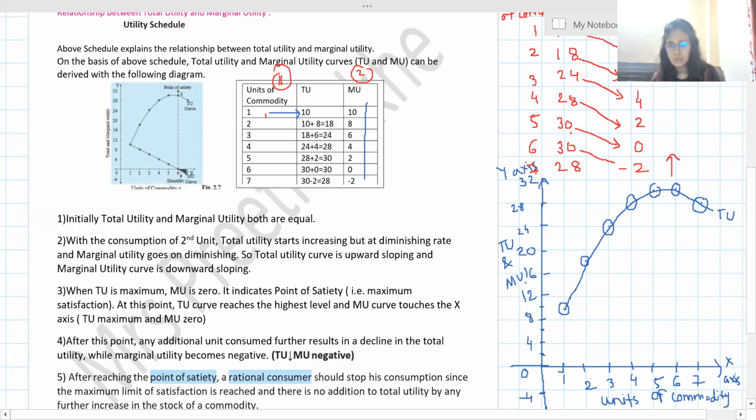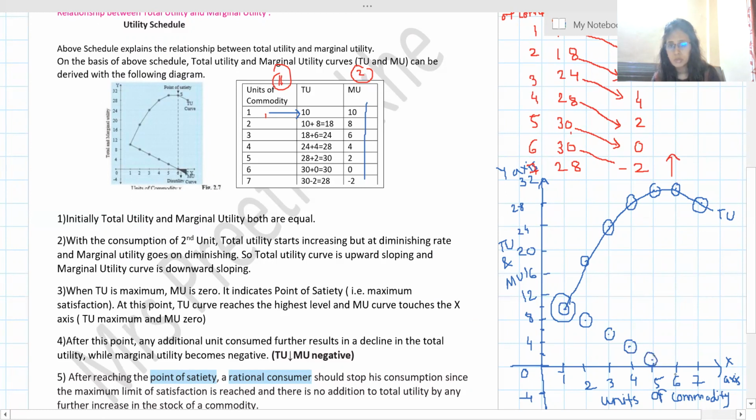At the first unit, it is 10. At the second unit, see here, I will go like this, 8. At the third unit, it is showing 6. At the fourth unit, it is showing 4. At the fifth unit, it is showing 2.